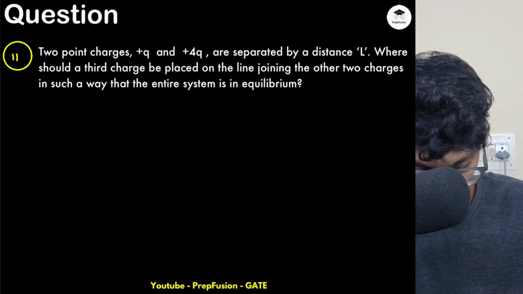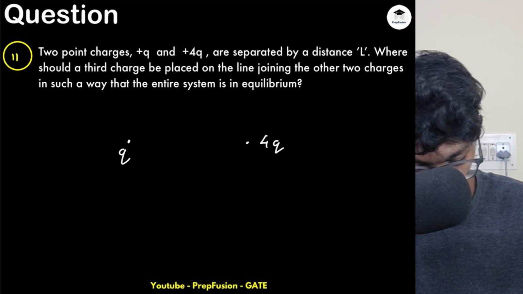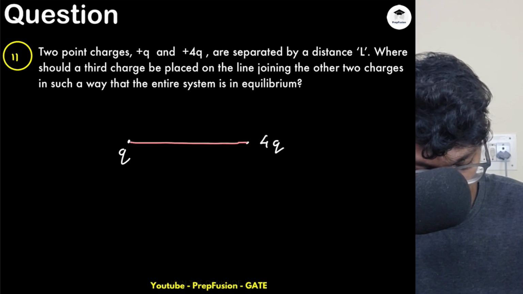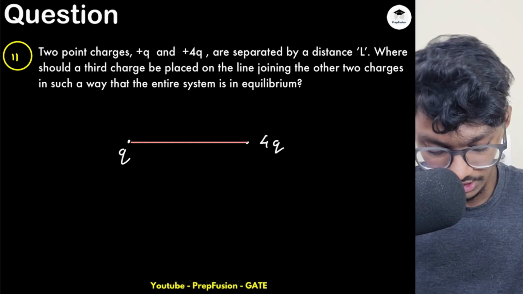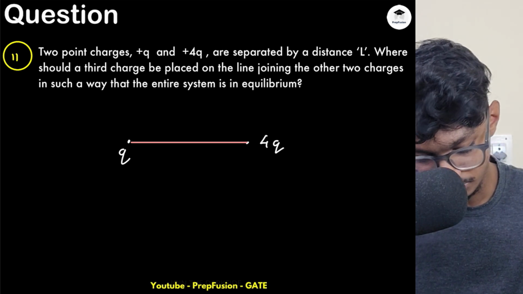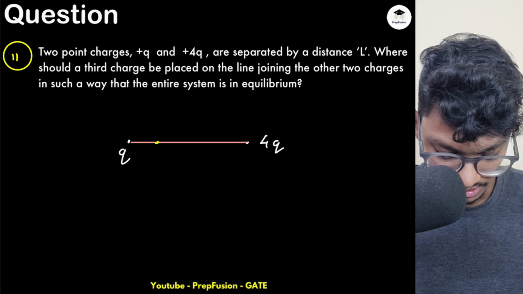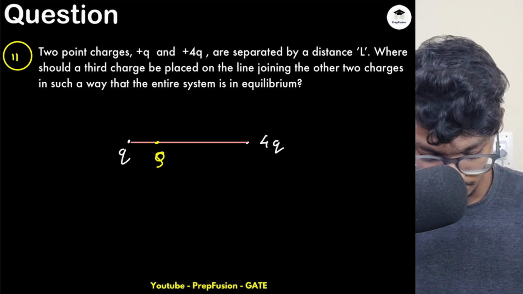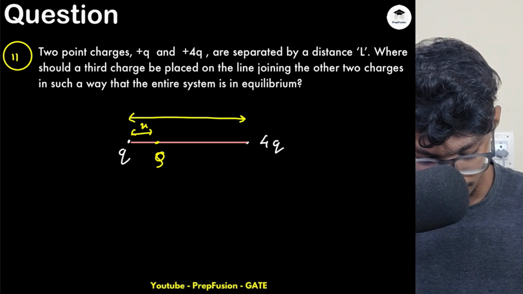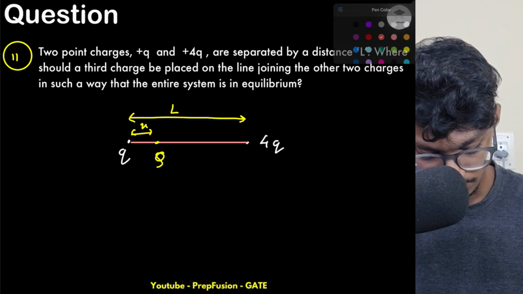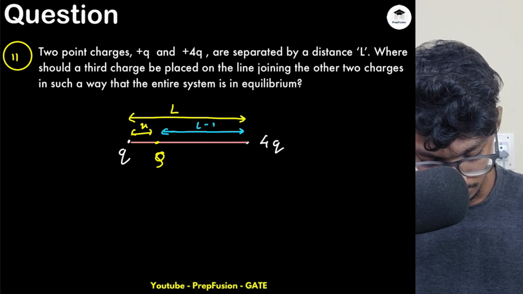So I have one charge here, plus q, and another charge here, plus 4q. If I join these two with a line, there will be some force. So I want to place a third charge. I don't know where. Let's assume the distance from the smaller charge is simply x. This distance is x and this whole distance is L. So this distance will be L minus x.